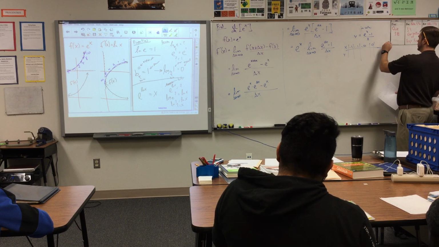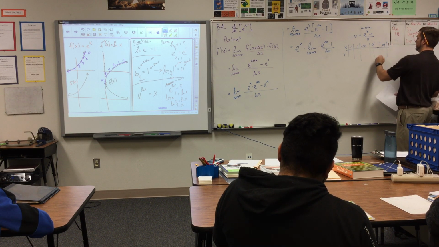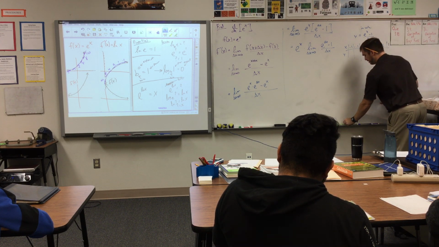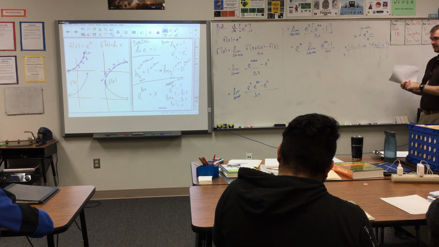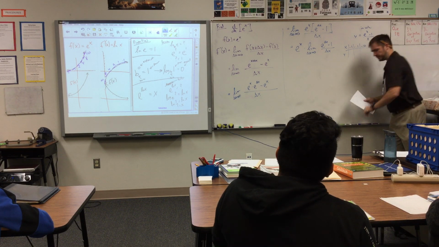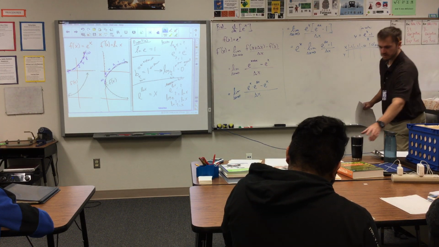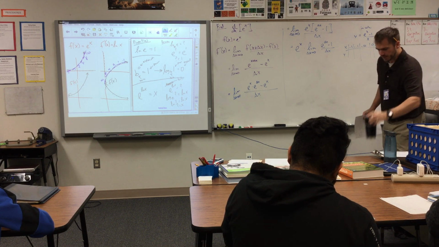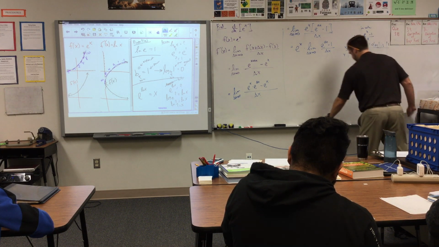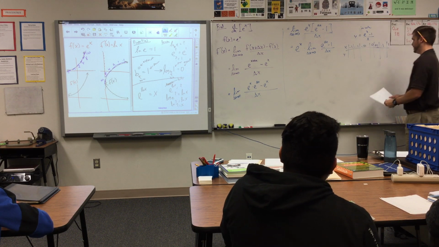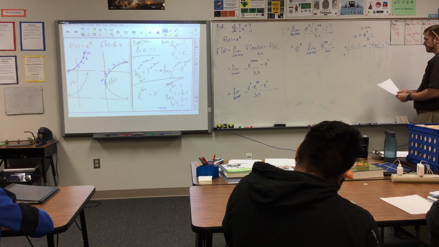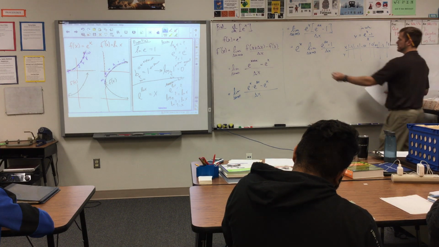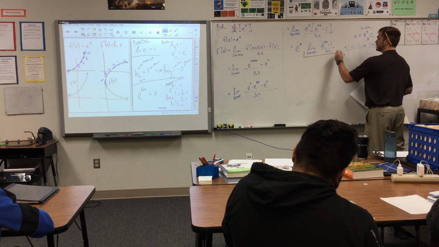Guys, you type in 1, 0.1, and 0.01. Use that table feature, and call out those numbers to me. Ladies, you're working the negative side. Guys, you're working the positive side. And just as a reminder, what we're doing is solving that limit part.